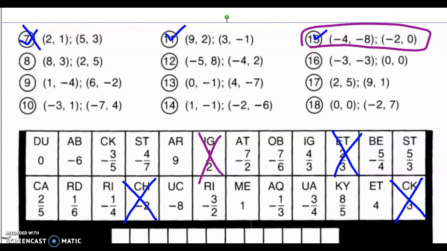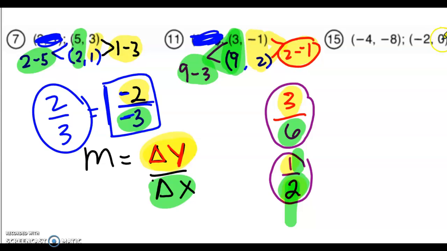I don't know. It's tricky. It's tricky. So this time maybe I'll just put the -2, 0 here. Okay? So let's find the change in y. So the change in y is going to be 0 minus -8.